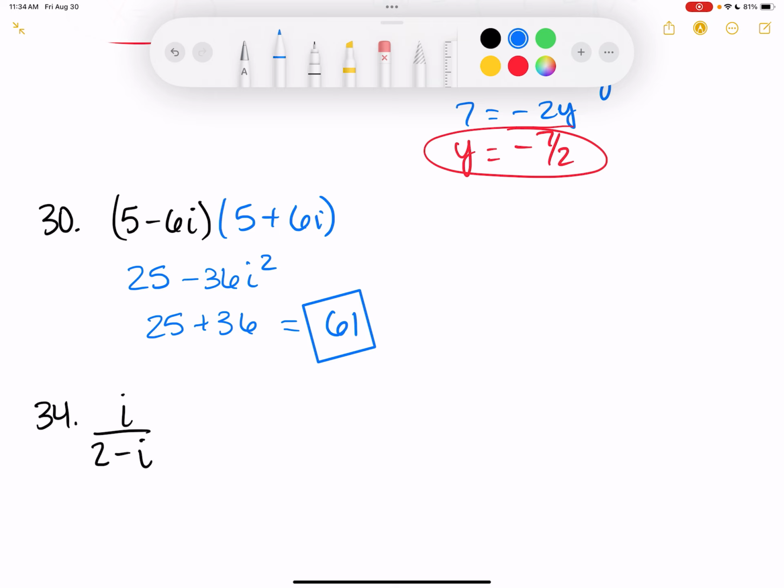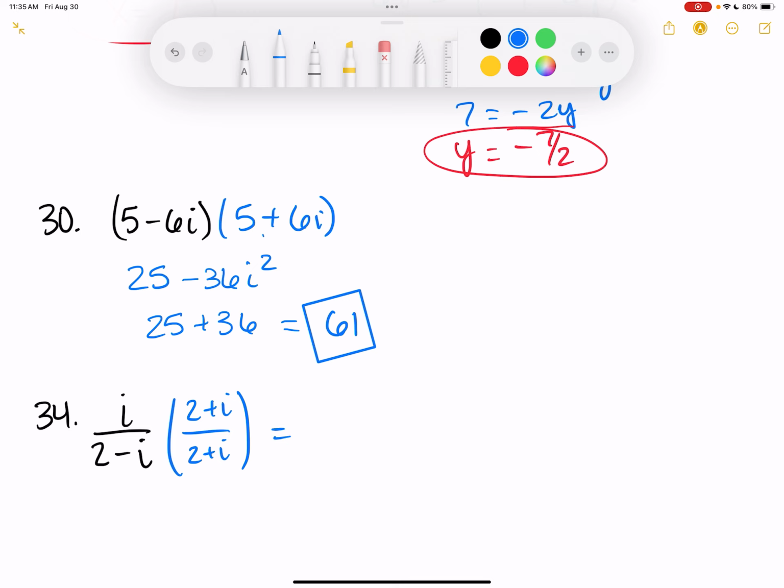So I need to multiply by the complex conjugate, which in this case would be what? 2 plus i. It's whatever the conjugate of the bottom is. So this is going to be 2 plus i over 2 plus i. The reason is I don't want any i's left on the bottom.